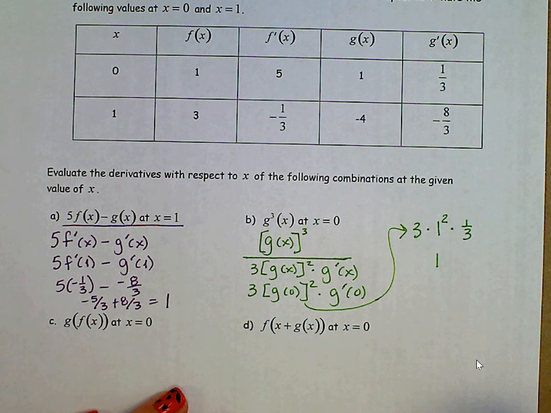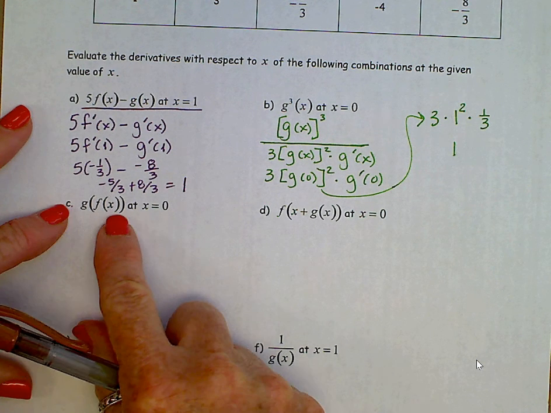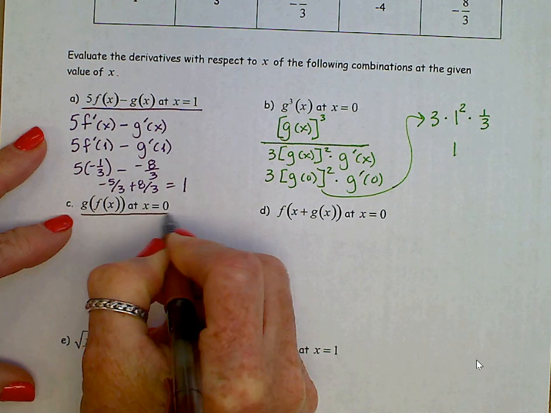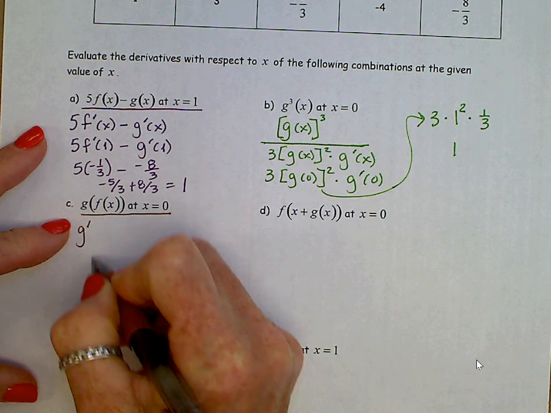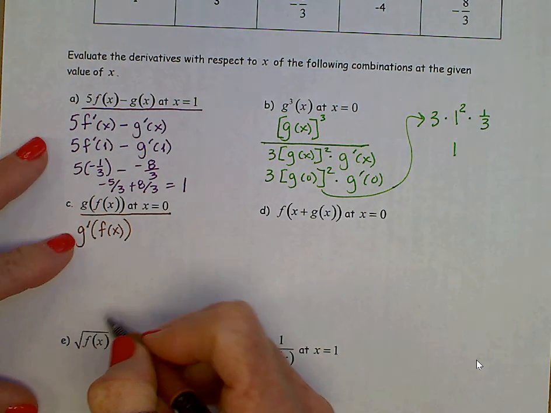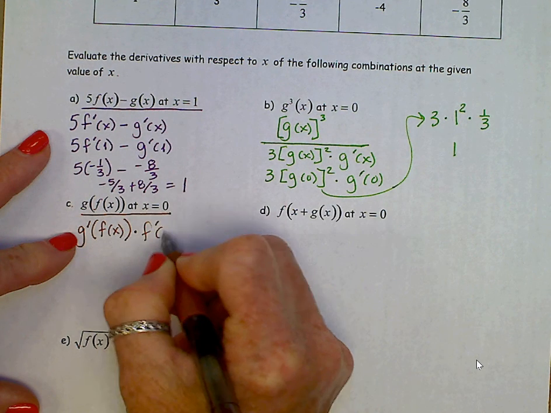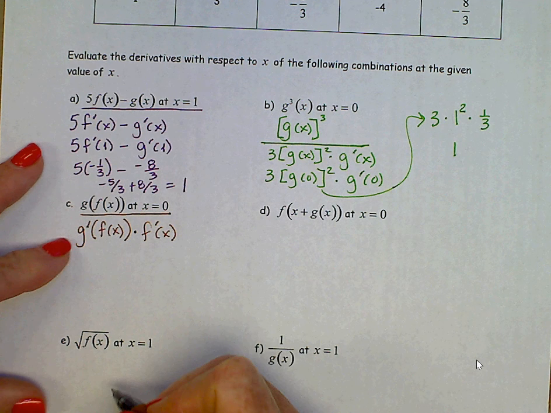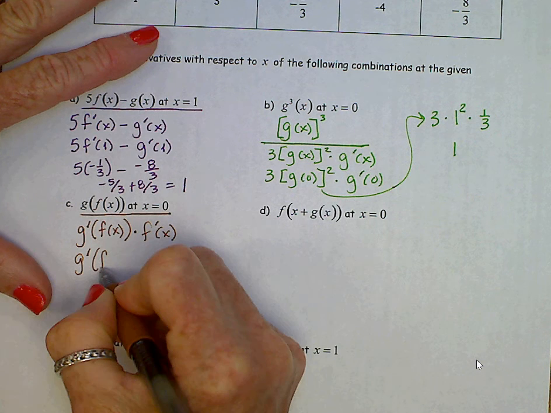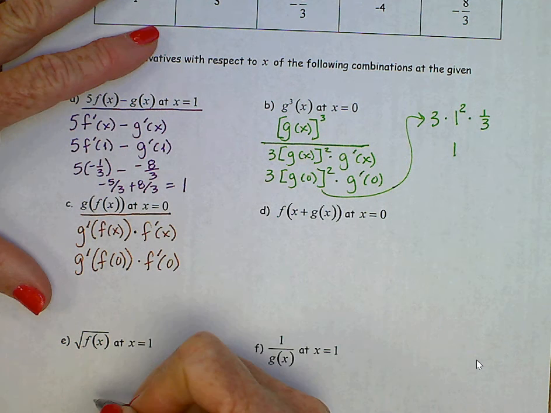If we look at this next one, g of f, again those nested functions, a composition of functions, we'll start on the outside to find that derivative. G prime, leave its inside alone, so g prime of f of x times the derivative of the inside, f prime. Now we evaluate at 0, g prime of f of 0 times f prime of 0.